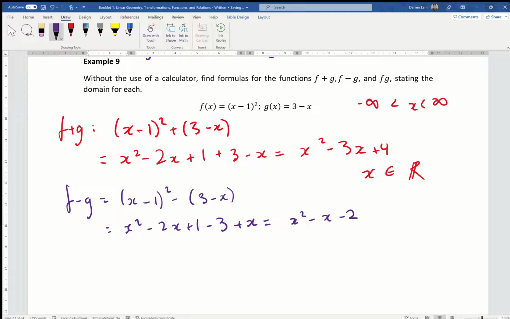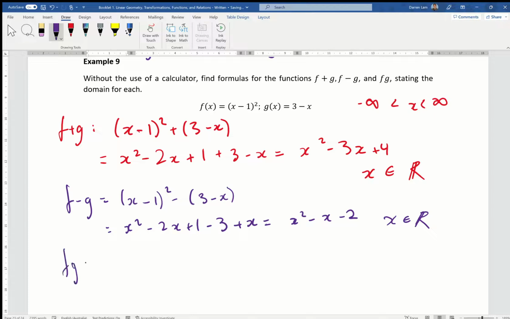So that is an assumed reasonable simplification. You should do that in assessment. What is the intersecting domain of my function? 3 minus x, could that be any x value? Yeah. So again, x is an element of all real values. This isn't a great example for intersecting domains, but you get the principle.